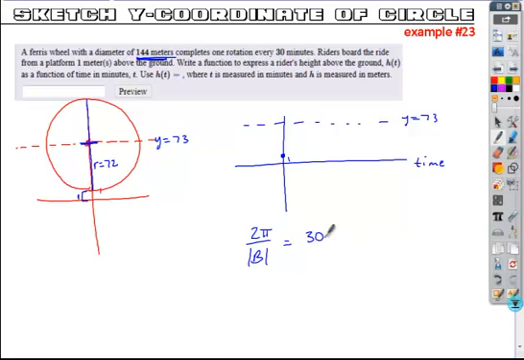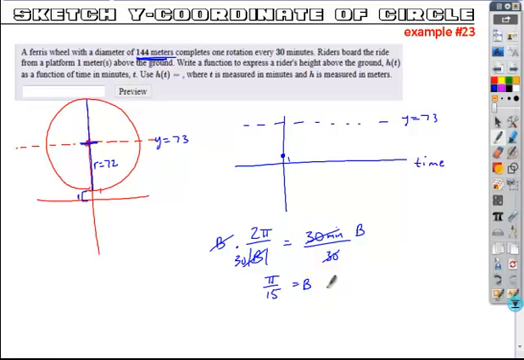So 30 minutes. If I were to solve for b, I would cross multiply both sides by b, however you want to think of it, and then divide by 30. So my b value is going to be 2 pi over 30, which reduces to pi over 15. So there is my b value.